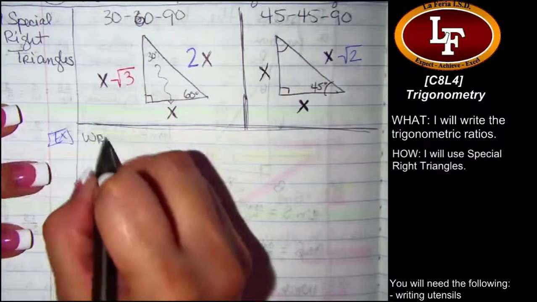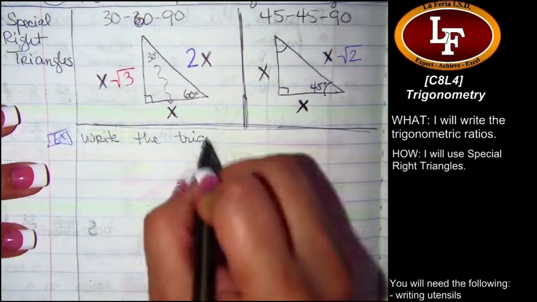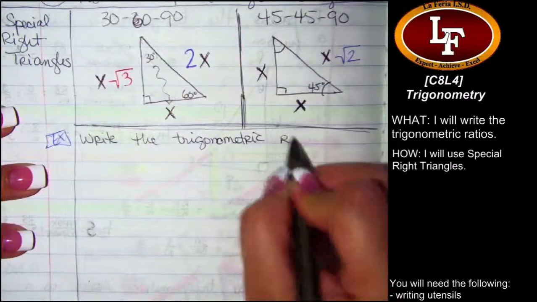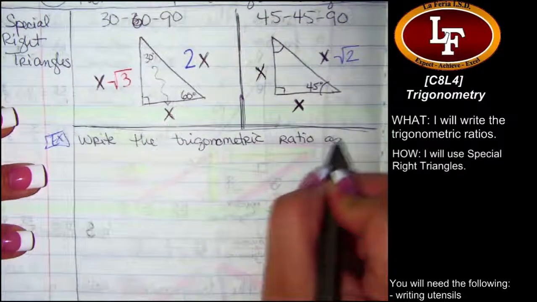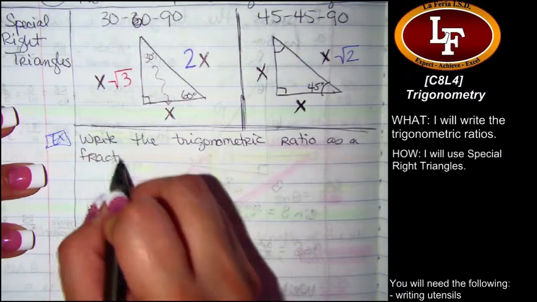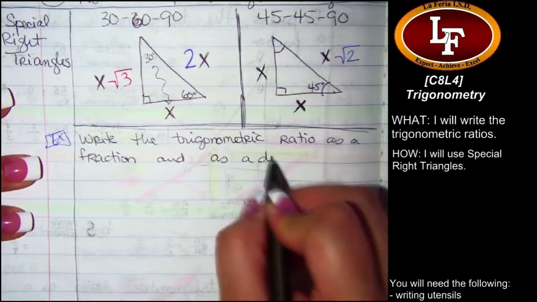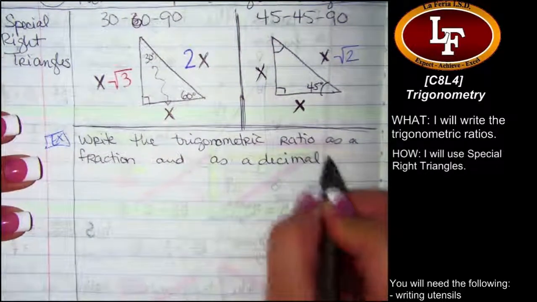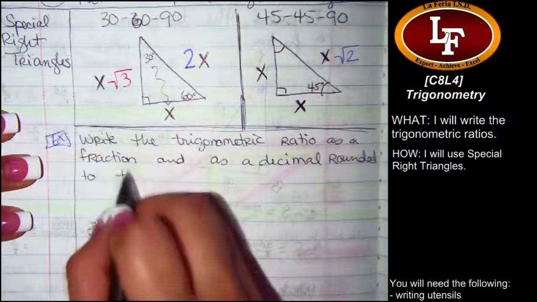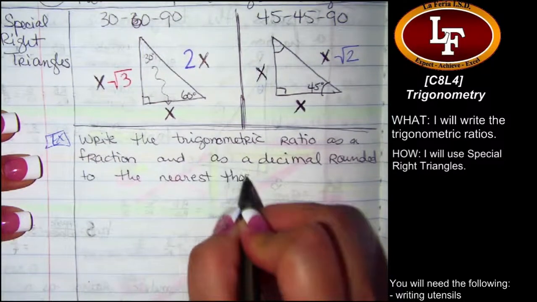The directions for our examples are going to say, write the trigonometric ratios as a fraction and as a decimal, but this time please round it to the nearest thousandth.